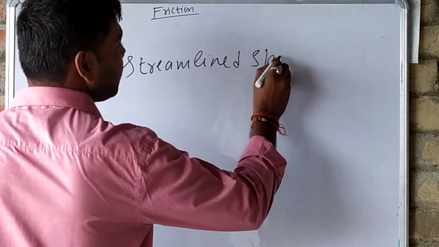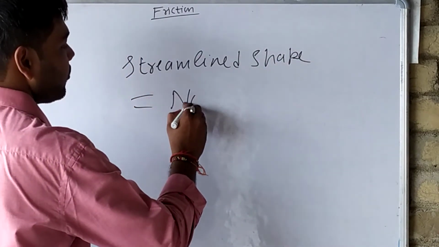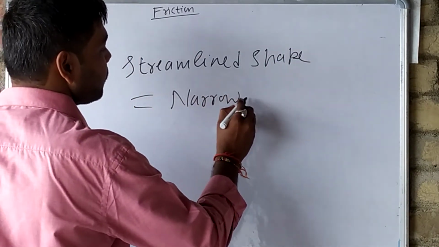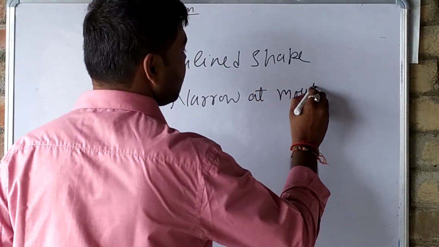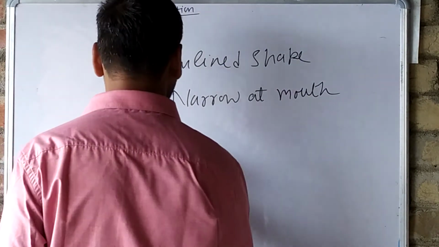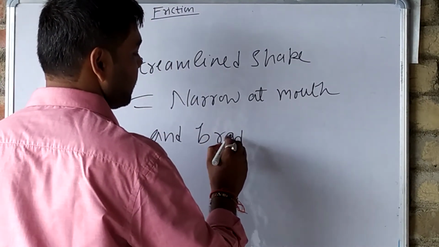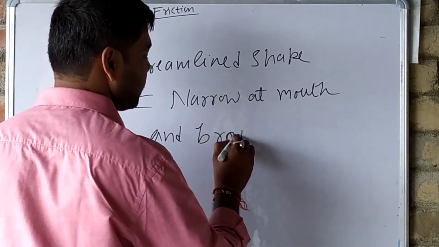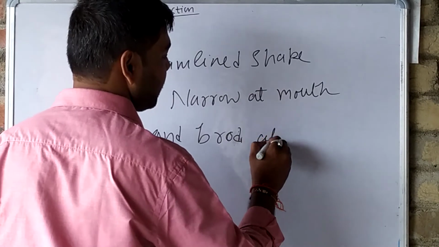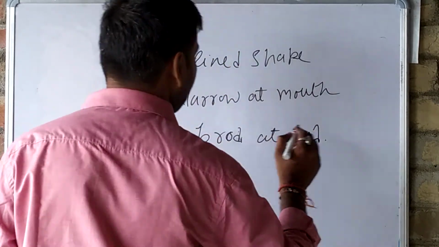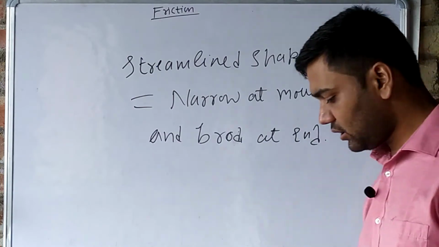Streamlined shape is that shape which is narrow at the mouth and broad at the end. Understand? Streamlined shape is that which is narrow at mouth and broad at end.